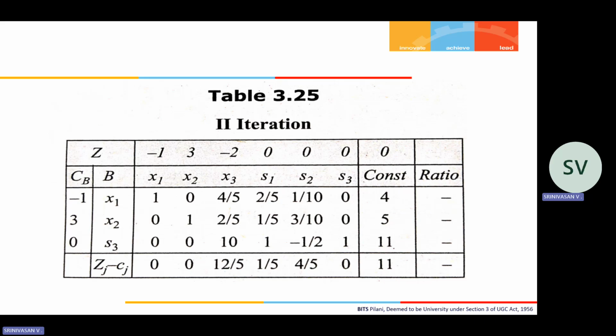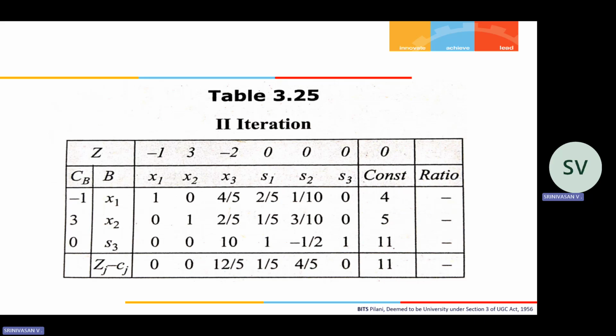Since Zj minus Cj are all greater than or equal to 0 for all j, the optimal solution is obtained, given by x1 equal to 4. The last column constant is the value. x2 is equal to 5 and s3 is equal to 11. You may write s3 equal to 11 or sometimes you don't need to. It is not mandatory. Only the variables that are decision variables you need to identify and write.